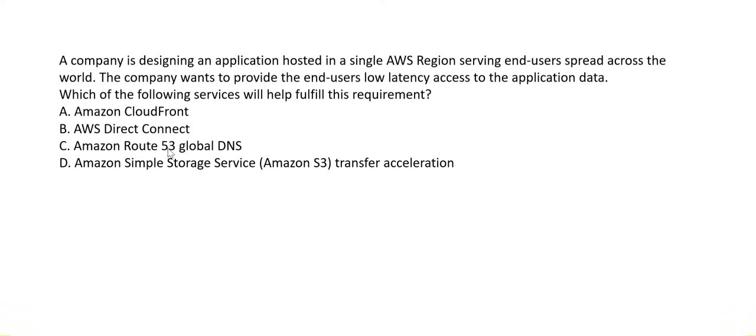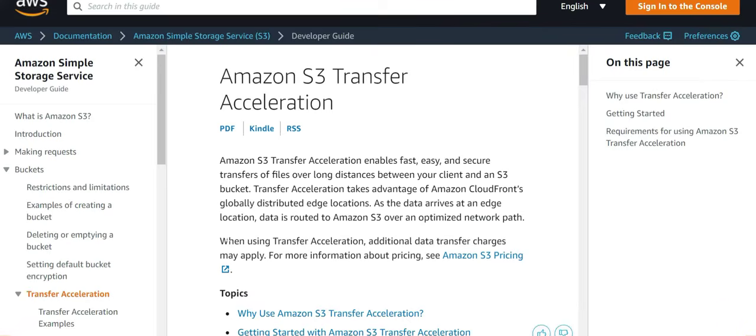Route 53 is primarily used for routing of DNS. And S3 Transfer Acceleration: its purpose is to transfer files as fast as possible between your client and S3 bucket.